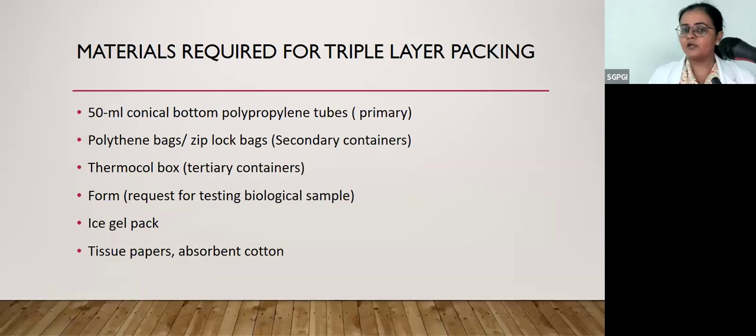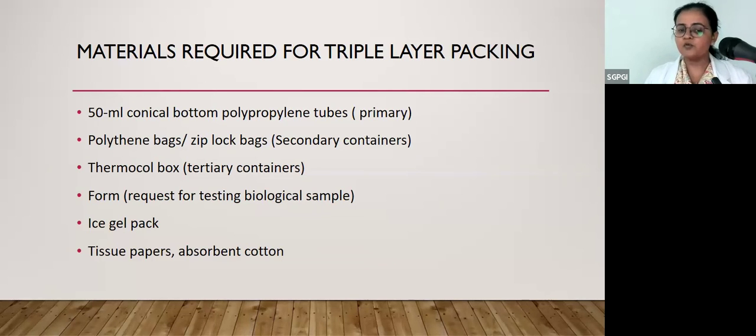Material required for the triple layer packaging is a 50 ml conical bottom polypropylene tube, which is the primary container. If it is not present, then polythene bags or Ziploc bags can be used as secondary containers. Thermocol box, tertiary container.